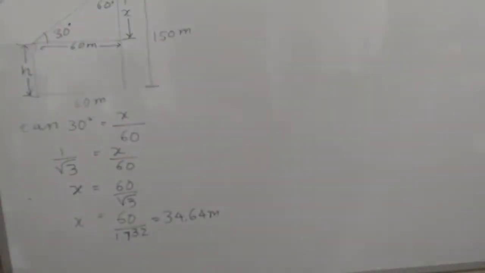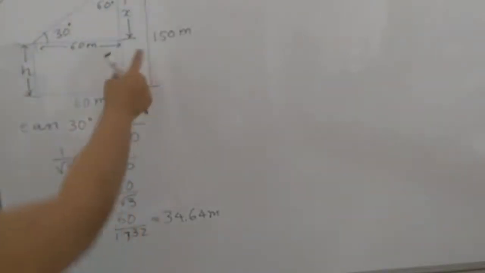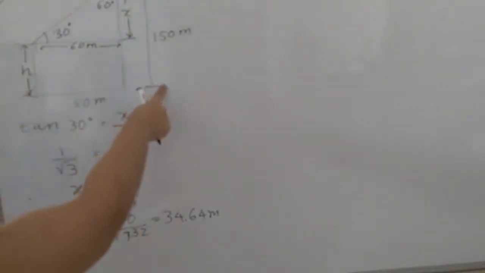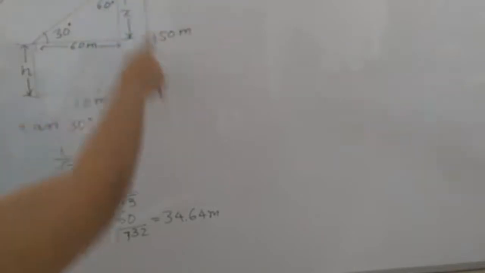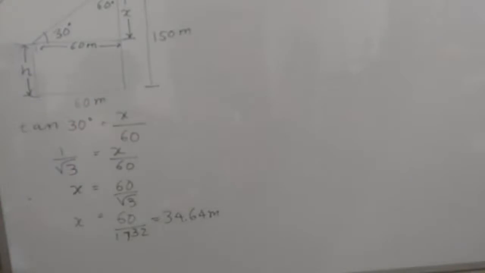Now what do we want to find? We want to find this h, that is the height of the tower. This is the first tower, this is the second tower. For that, this whole is 150 meters. If I subtract this 34.64 from it, then I get this h value.